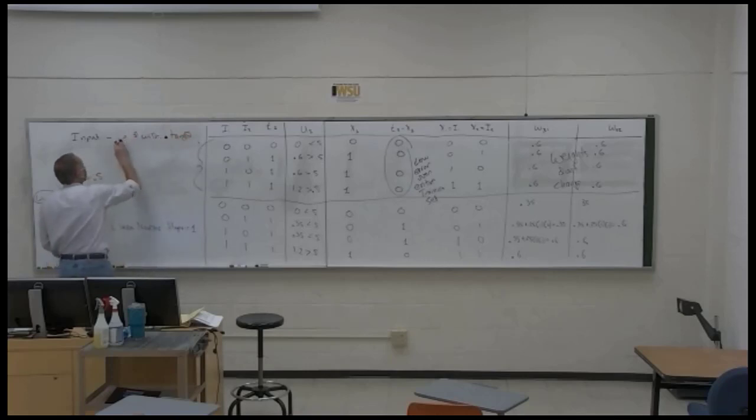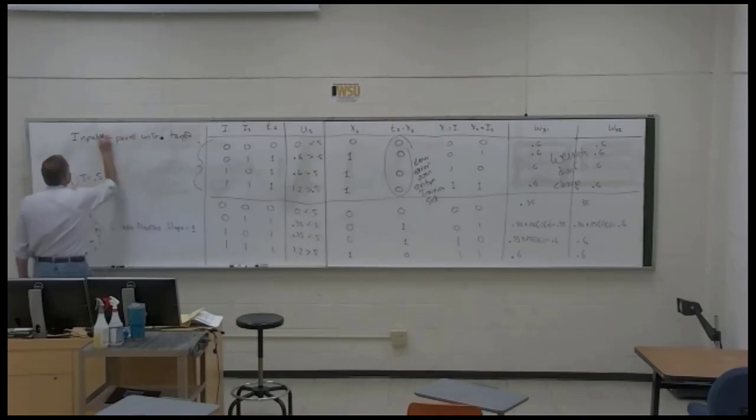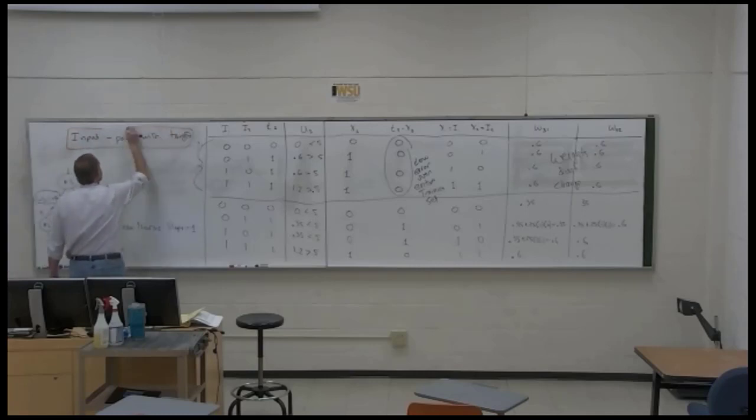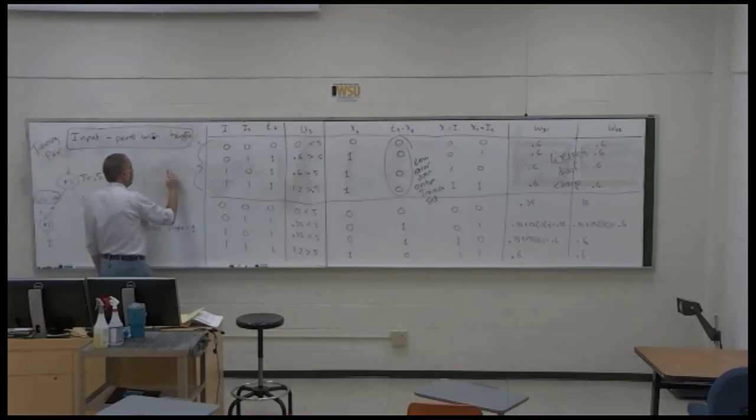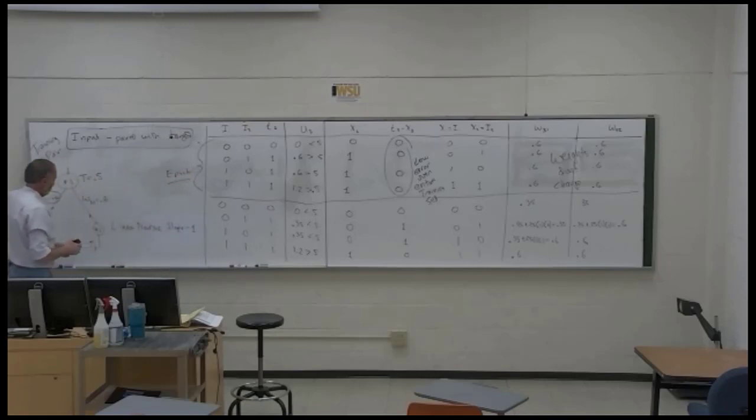Paired, so let's fix that up. This is called a training pair. This is called the epoch. Already said that. This is called the input layer. This is called the output layer. I think we already said that.